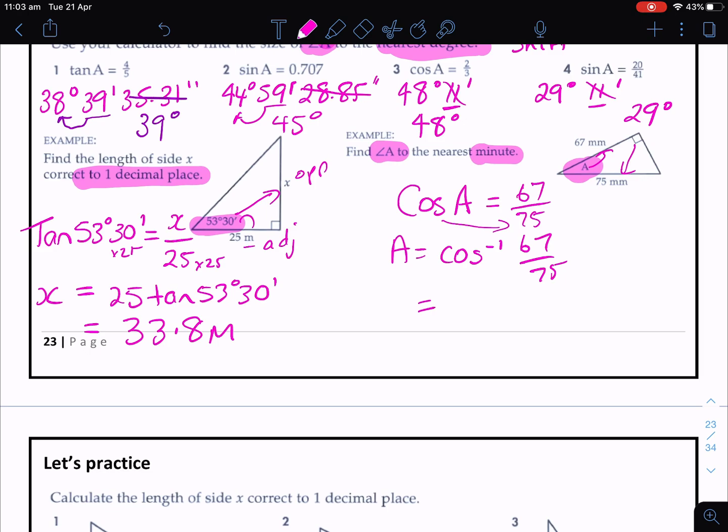So we press degrees, minutes, seconds, and our answer comes out at 26 degrees, 42 minutes and 17.47 seconds. Now this time the seconds do matter because we want to round to the nearest minute. So remember our seconds are 60. This is below 30, so we just cancel it out and we don't round up. We just leave it as it is. So it's going to be 26 degrees, 42 minutes.